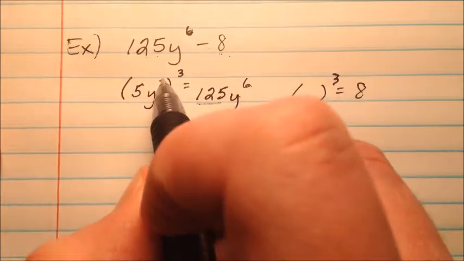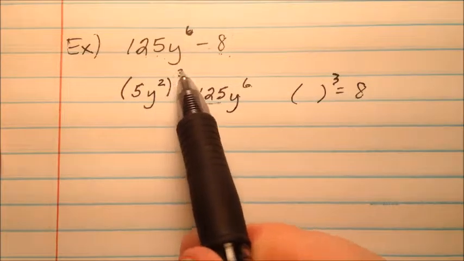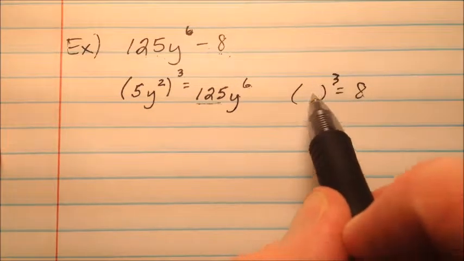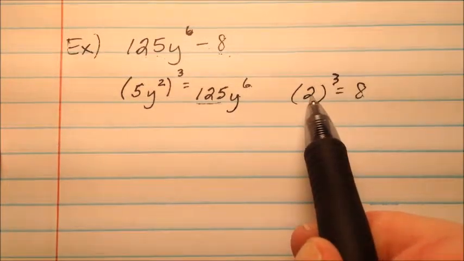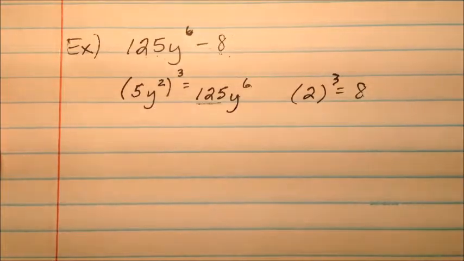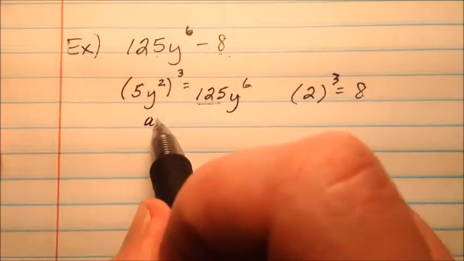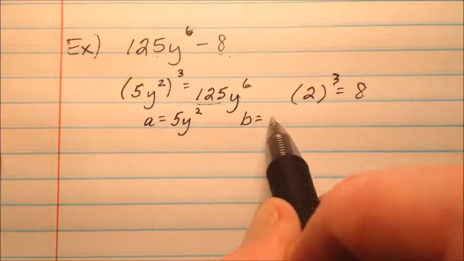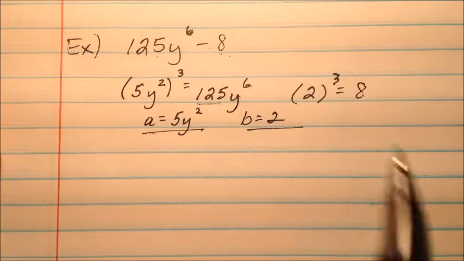It looks like it's going to be 5y squared, because 2 times 3 makes 6. And what got cubed to give us 8 should be 2, because 2 times 2 times 2 makes 8. So we're going to say the a value is 5y squared, and our b value is 2.